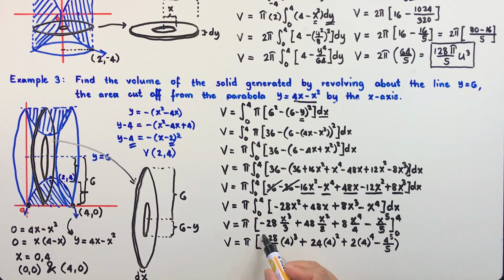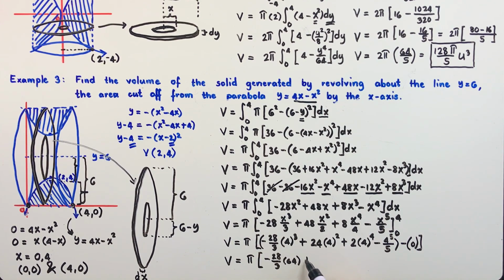And this will be subtracted by 0, because when you substitute the 0 to this polynomial, the result is just 0.